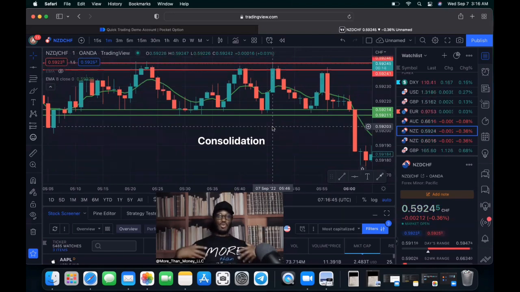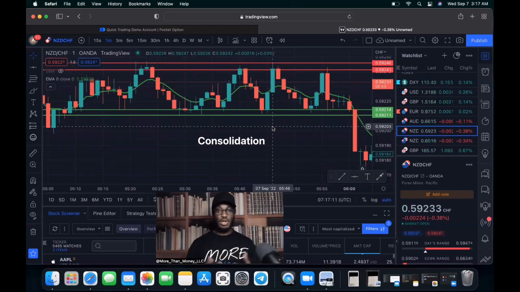Another thing as well, within trading consolidation, just like trading any other trending phase, you want to be aware of the EMA. You want to be aware of the 200 EMA position on the 1 minute, on the 2 minute, on the 3 minute. You may even check, if you're on Pocket Option, the 30 second, the 15 second, the 10 second. You want to know where EMA is according to market structure and price action.